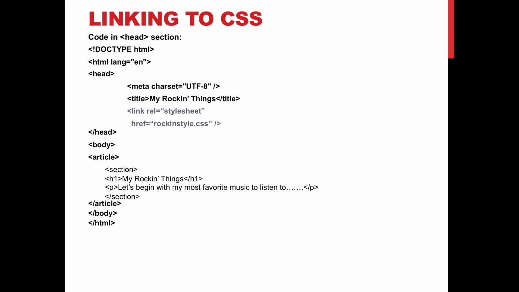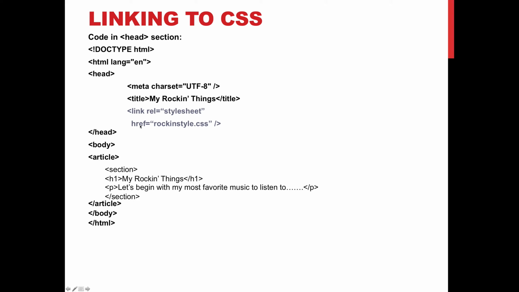Okay, so if you were to have it in your head section, you would have your doctype like normal, your HTML language like normal, and then if you were going to link to an external style sheet, you're going to have it say link, space, and then it's going to say rel, so relationship, equals quotes stylesheet. So you're telling it, hey, I'm about to link to a style sheet, and then you're going to give it the reference.